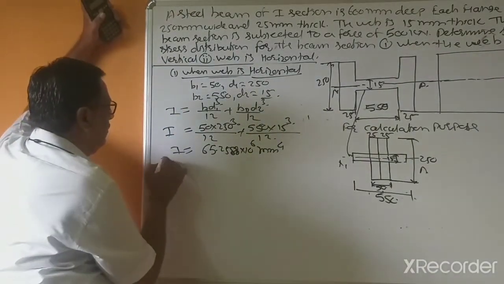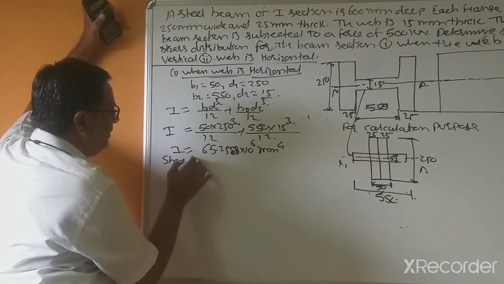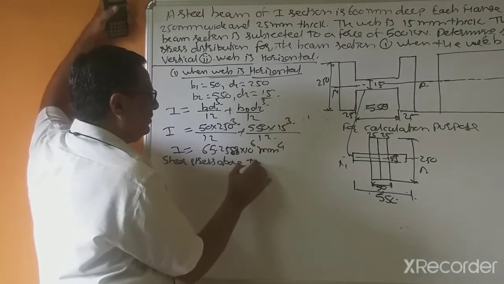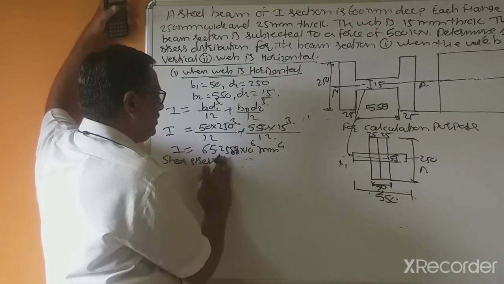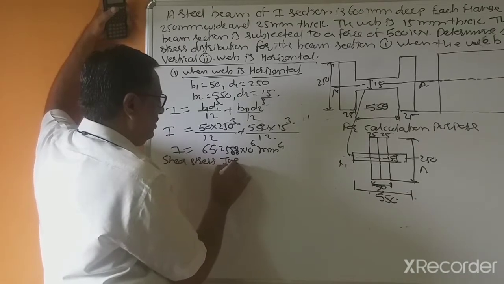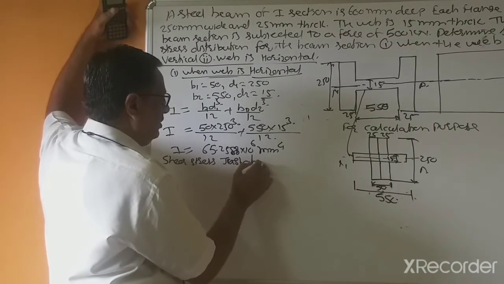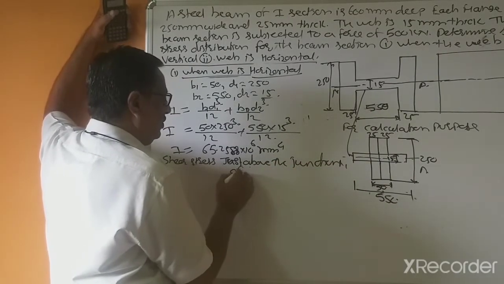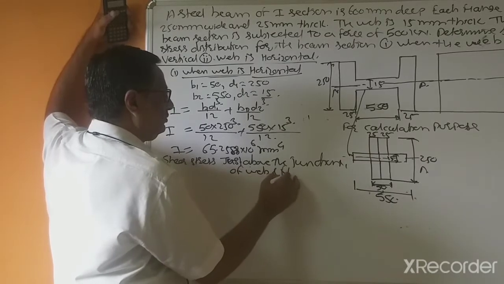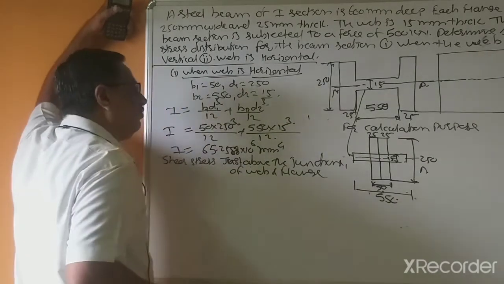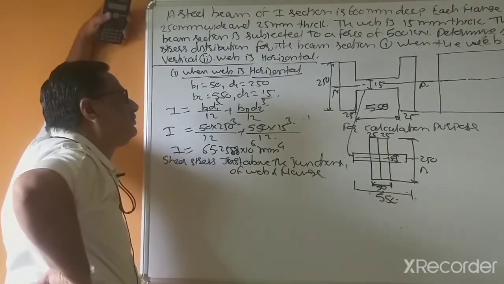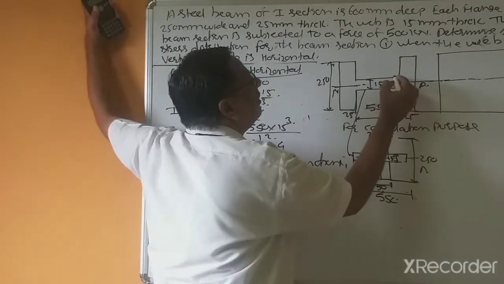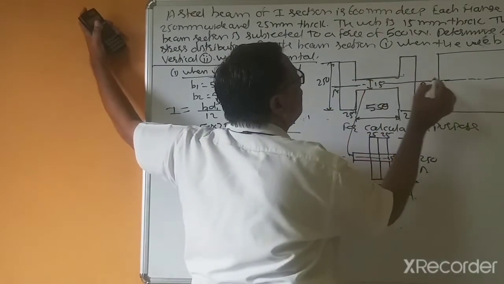Now shear stress above the junction, just above the junction of wave and flange. So here, just above means here.